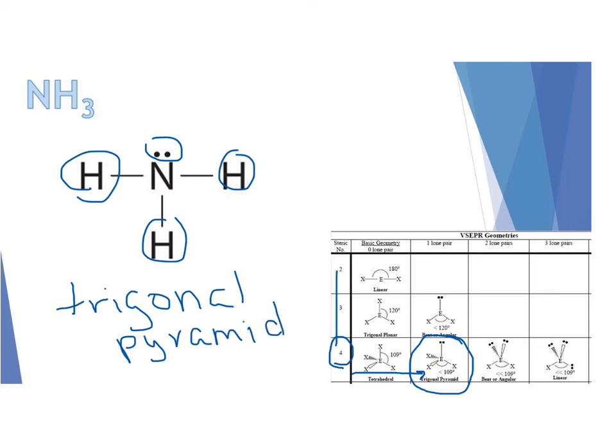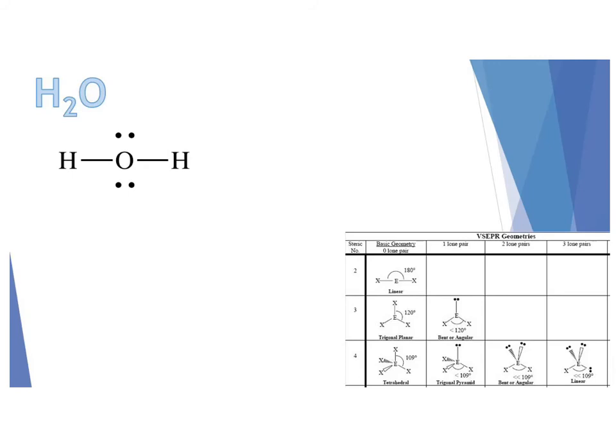And that's it. If we look at water, H2O, around our oxygen, because we always look at our central atom, there are 1, 2, 3, 4 things. So again, you're going down to steric number 4, and you are going to go across until you see the central atom with 2 elements bonded and 2 lone pairs. So this one is bent.